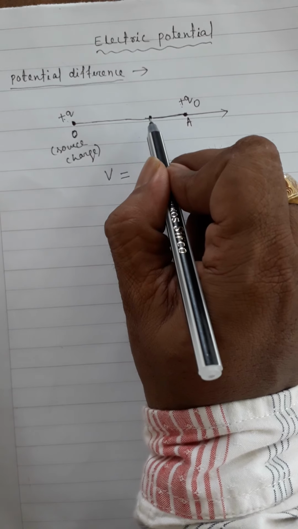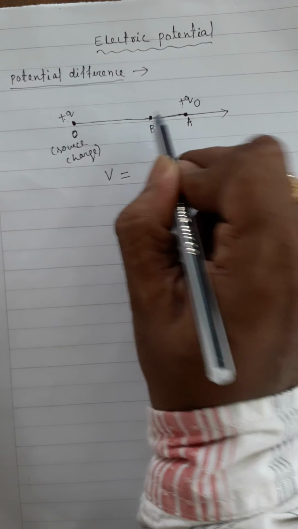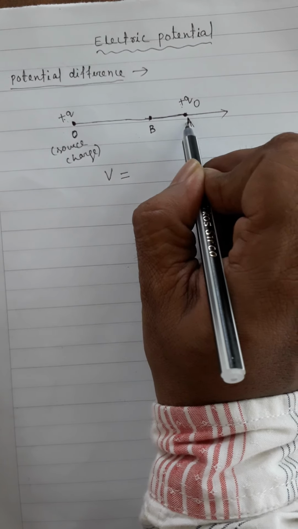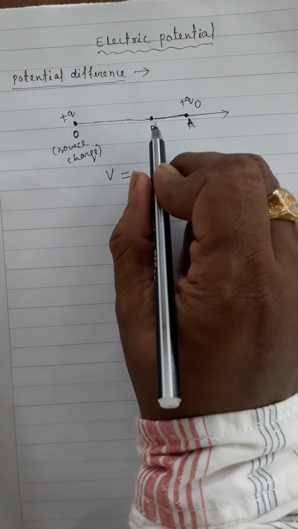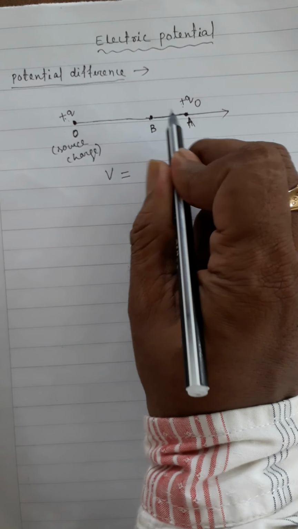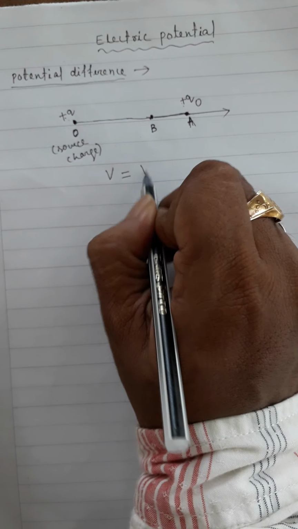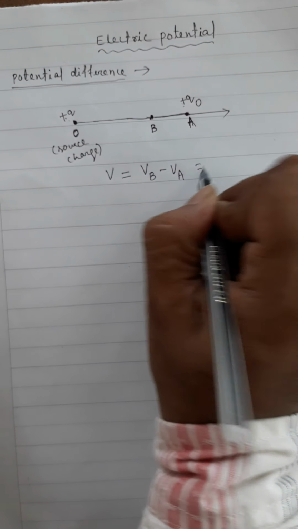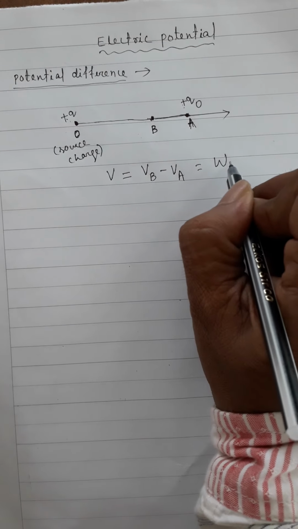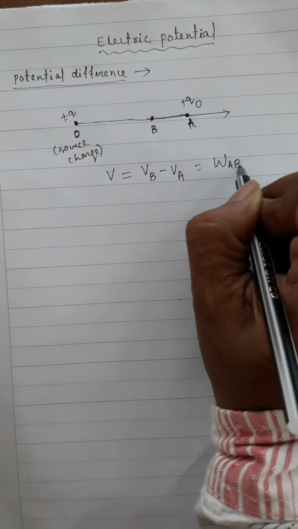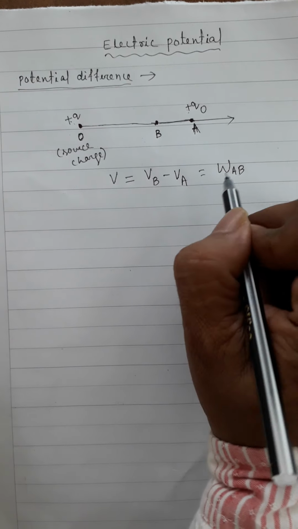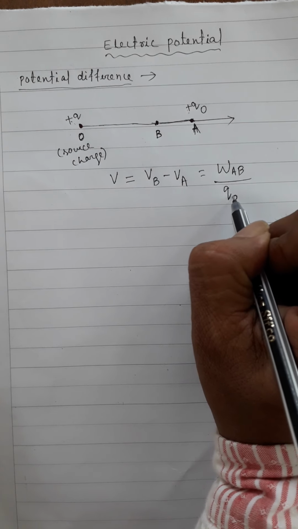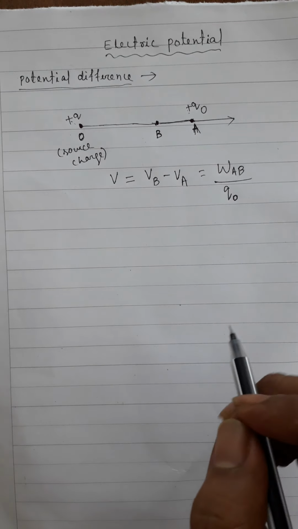So the potential of point B will be more than the potential of point A. The potential difference, VB minus VA, is the work done from A to B to shift a unit positive test charge.